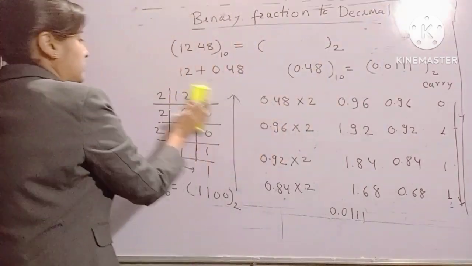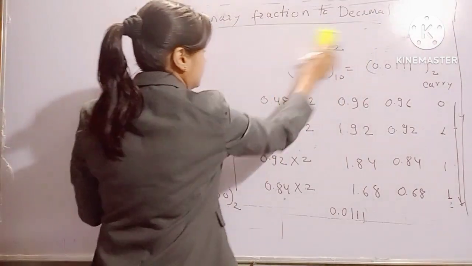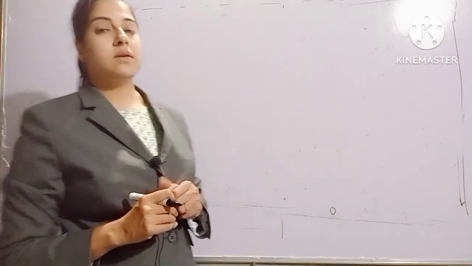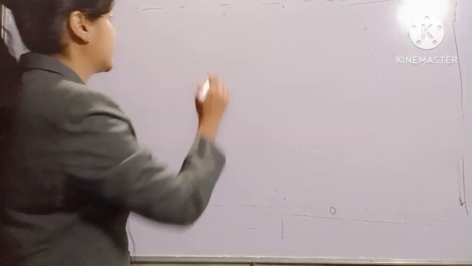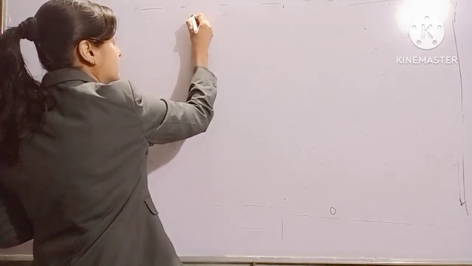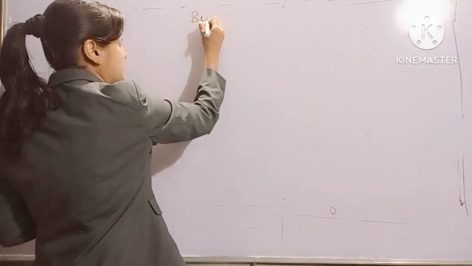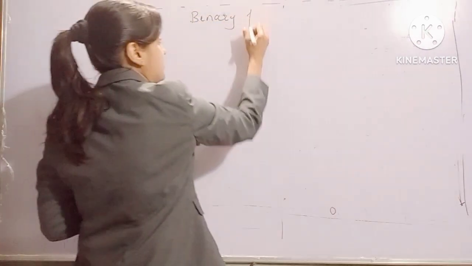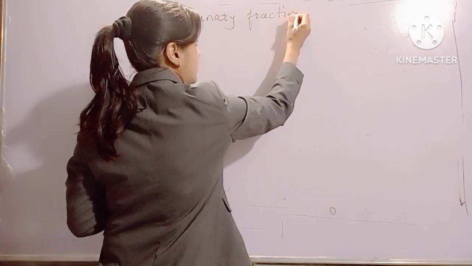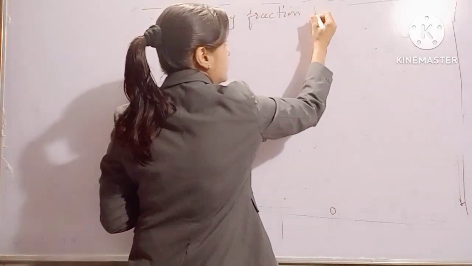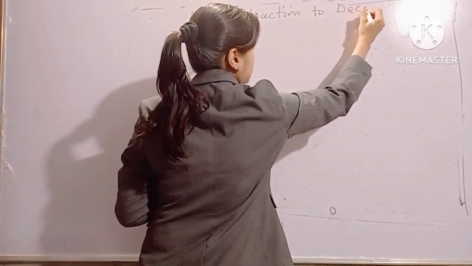So let's take one binary number. Now we'll see how we can convert any binary fraction into the corresponding decimal equivalent.